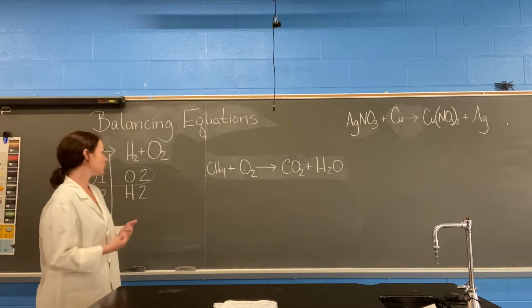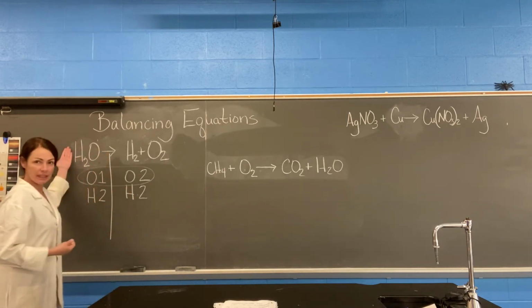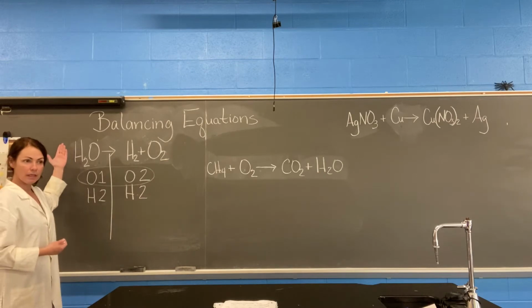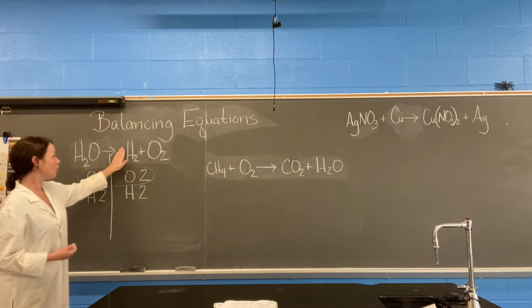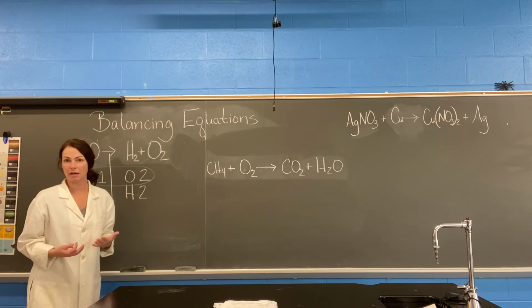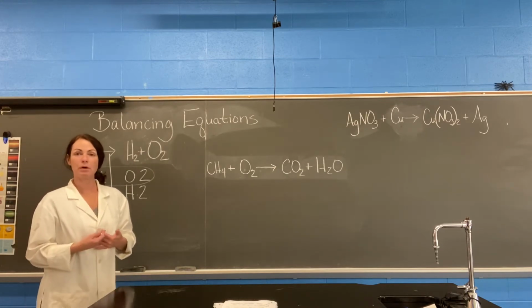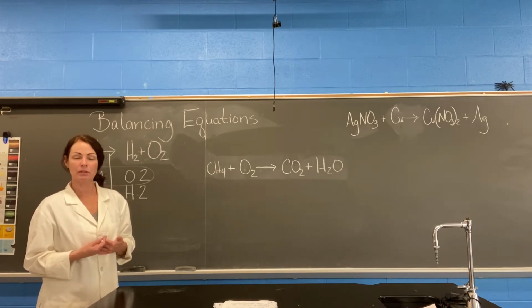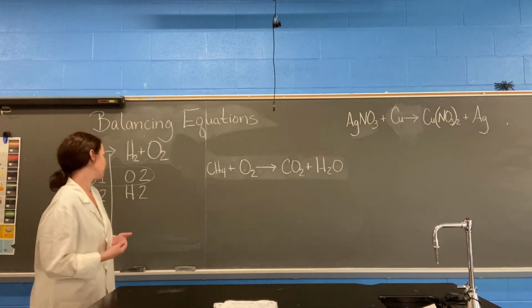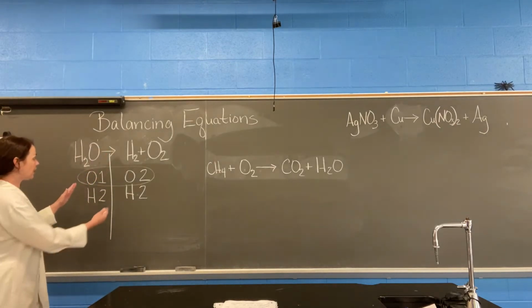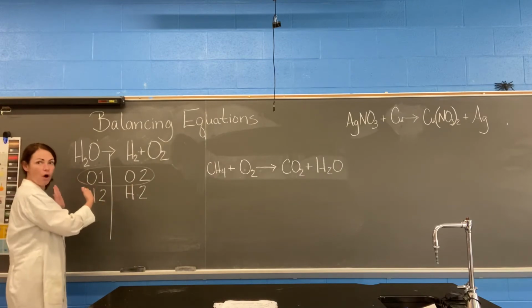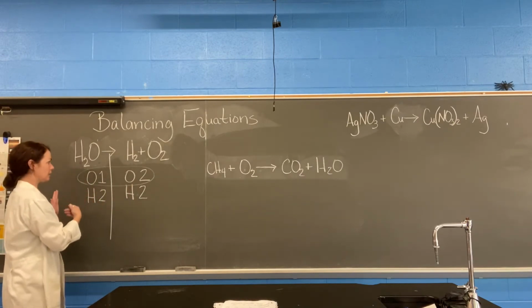The coefficient is the large number in front of each compound. In this case, they are all 1 right now because we can't see them. They're ghost ones. But you can change them to any number that will help you to get equal numbers of atoms of each element. So I know that I need more oxygen on the left-hand side, or in the reactant.